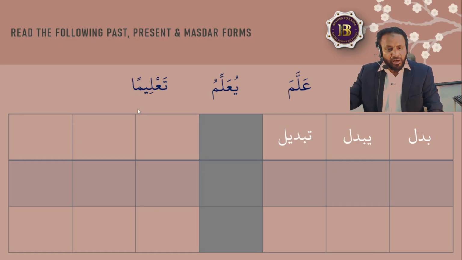That's an Arabic word. Baddala. He changed. Yubaddilu. He changes. Tabdilan. To change. Or change itself. Changing. There is no harkat there. But you were able to read it. How? Because I told you this belongs to allama family. Baddala yubaddilu tabdilan.